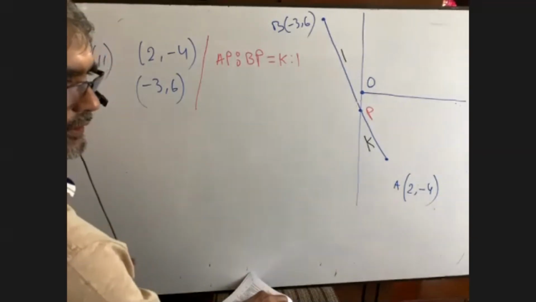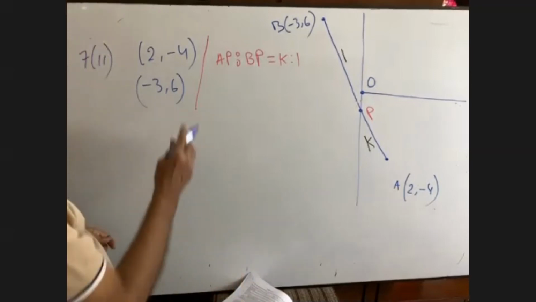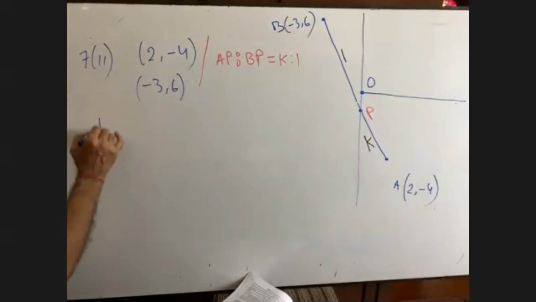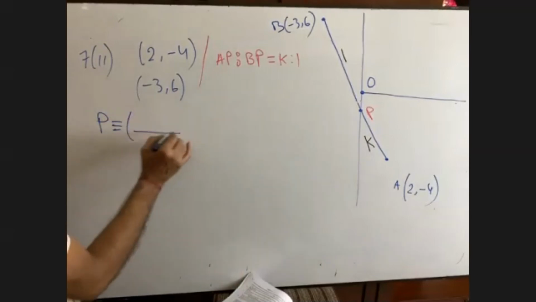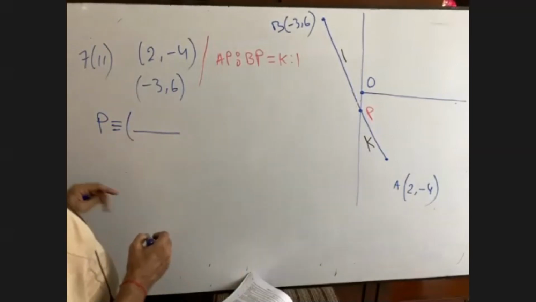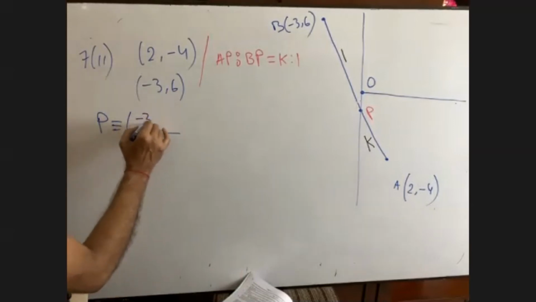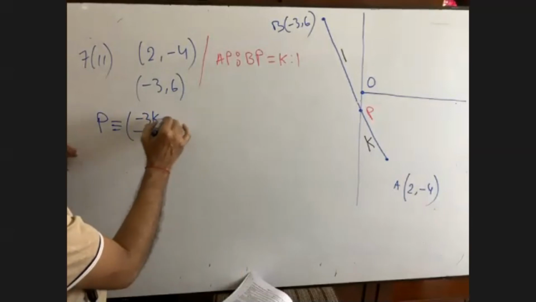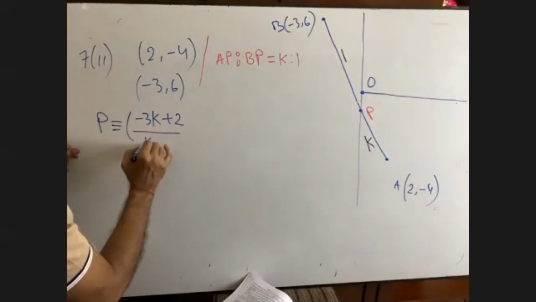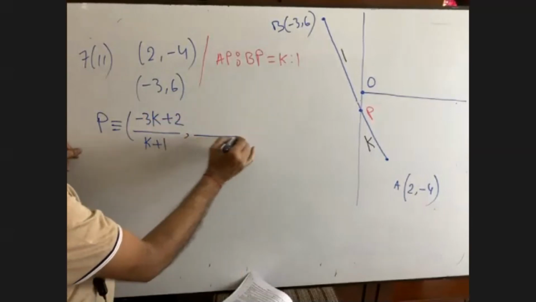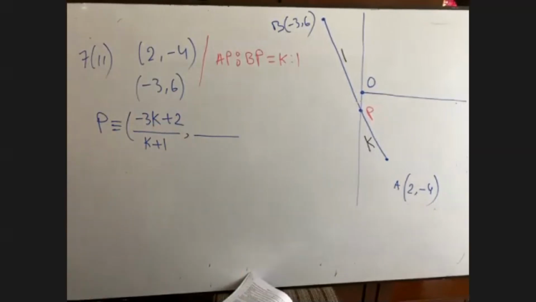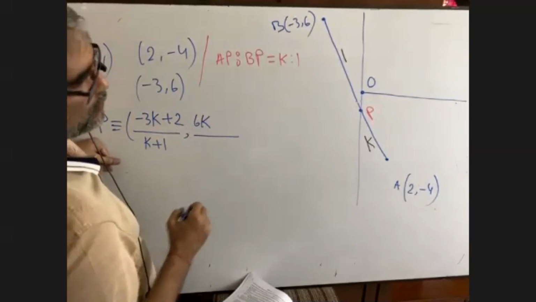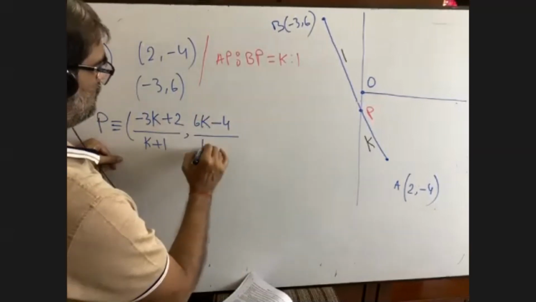K equals to what? K into minus 3, that is minus 3K. 1 into 2, that is plus 2. It is K plus 1, comma. It is 6K. 1 into minus 4, minus 4.